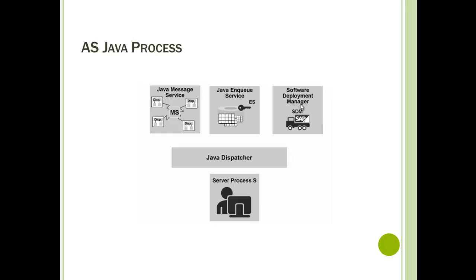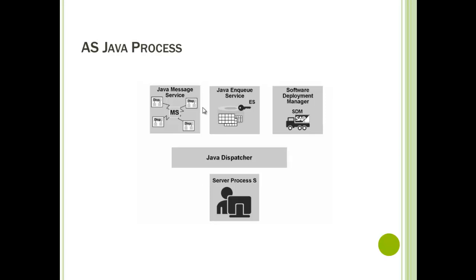Just to review, the Java dispatcher controls server processes. You can have up to 16 server processes for one dispatcher. Then we have the Java message service, which connects to the dispatcher. As we know, the dispatcher distributes the job. Then the message service is basically the interface between your runtime environment and the server process.